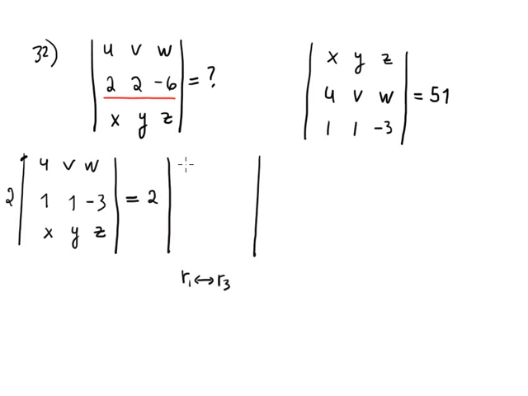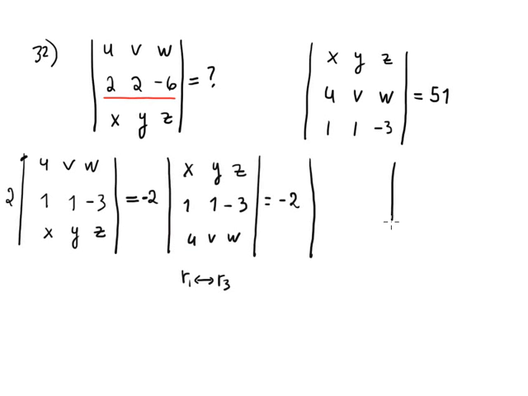So we have then x, y, z, 1, negative 3, and u, v, w. When you interchange 2 rows or columns in one determinant, the new determinant is affected by negative 1. So I put negative in the front here. So far we have a negative 2.